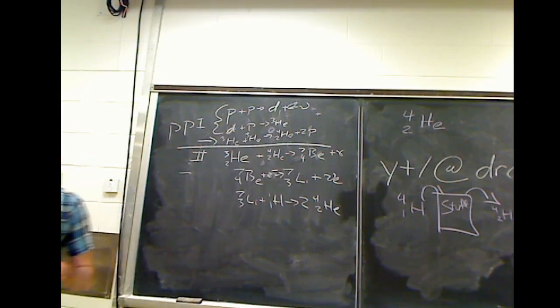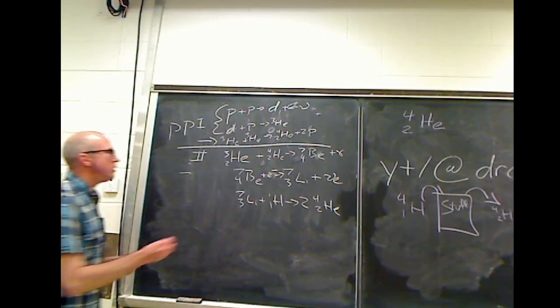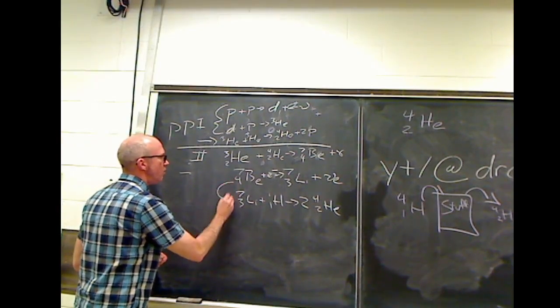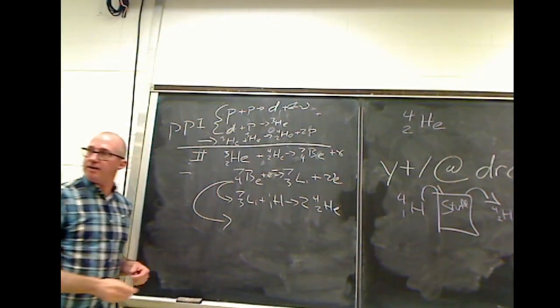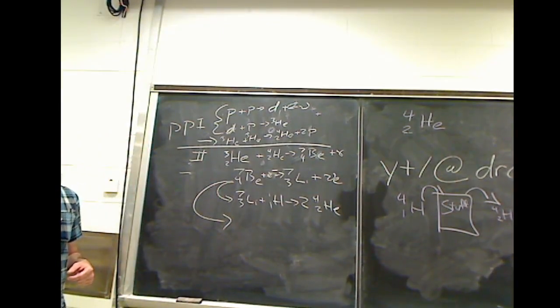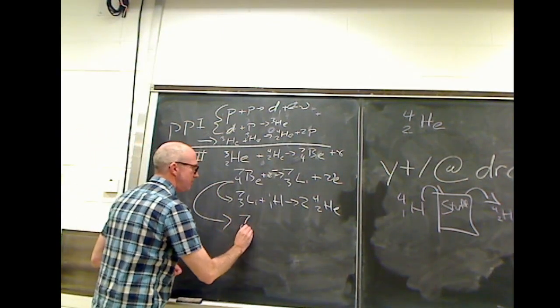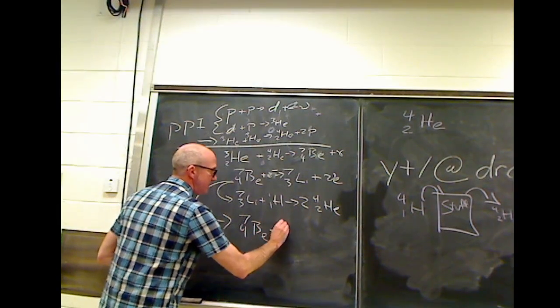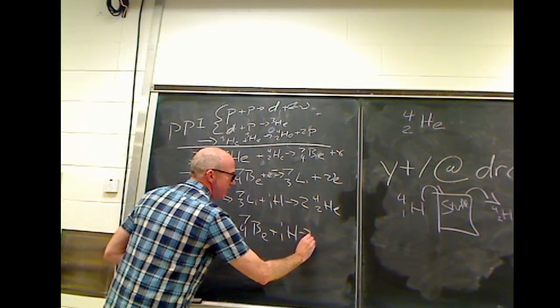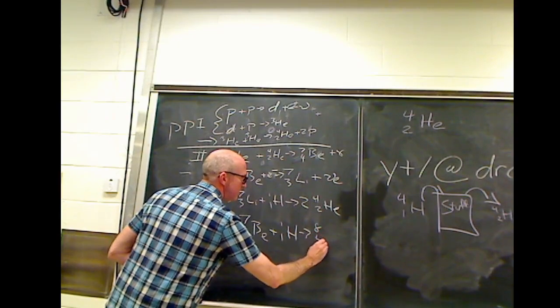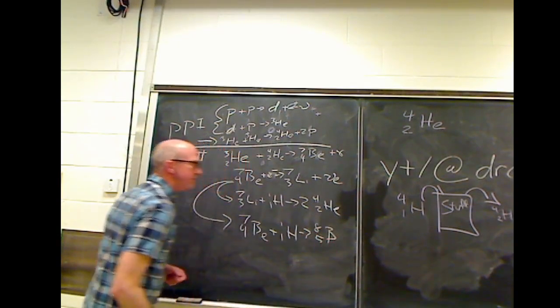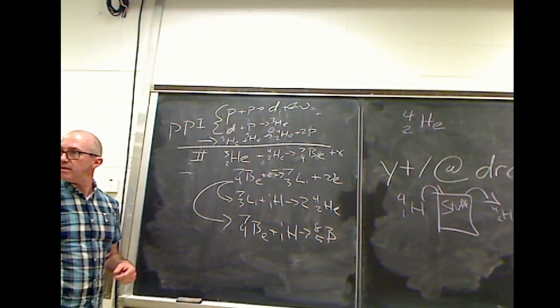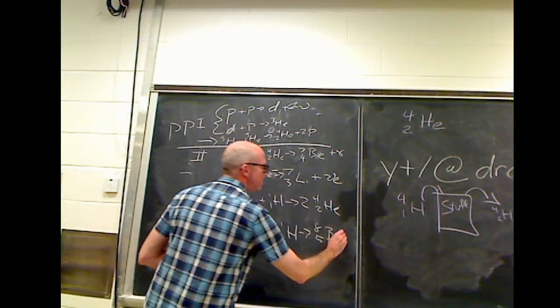And then there's a third channel, which is why I was trying to write a beryllium. So you can go from here to here, or you can go from here. This beryllium adds a hydrogen and turns into boron plus a photon.